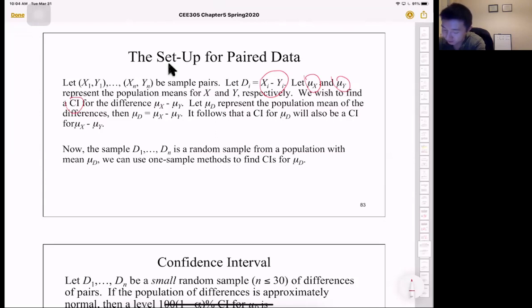If we let mu d, the mean value of the difference between x and y, represent the population mean of the difference, then mu d equals mu x minus mu y. That tells us the confidence interval for mu d will also be a confidence interval for mu x minus mu y.